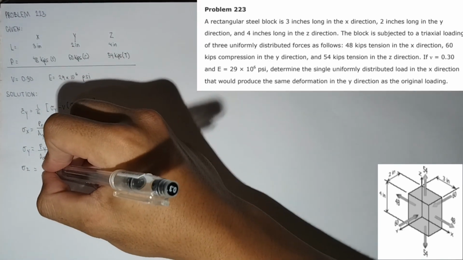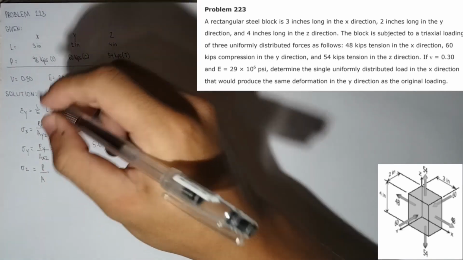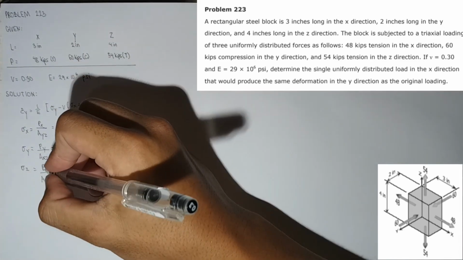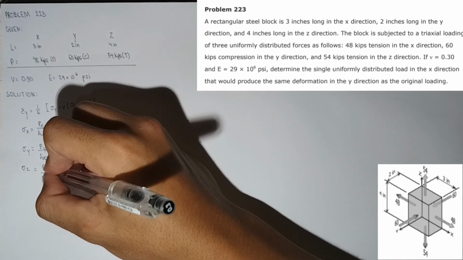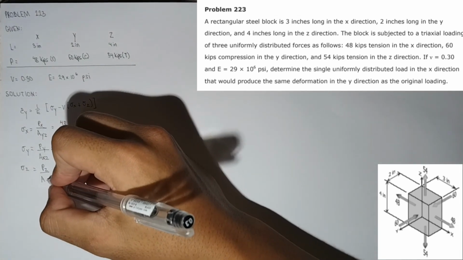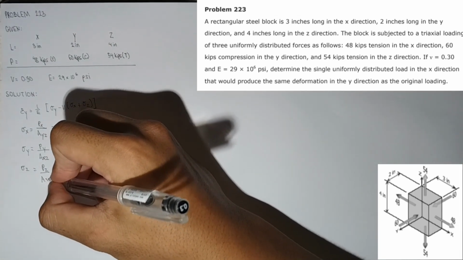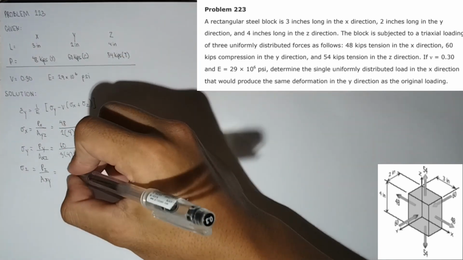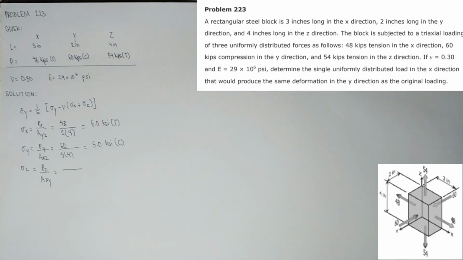So again, we have the formula of P over A. Let's indicate here PZ, and here our area is, we are going to put XY. Okay, over area, guys.